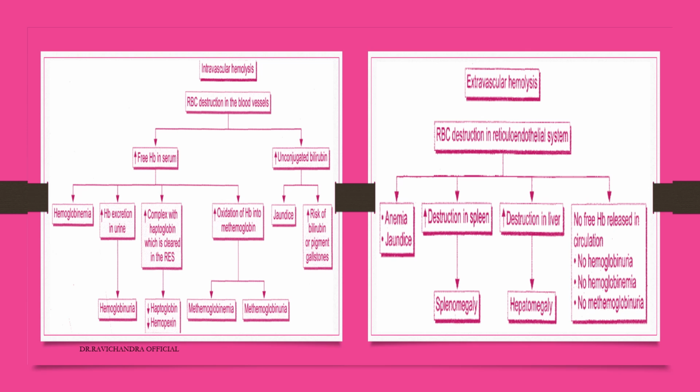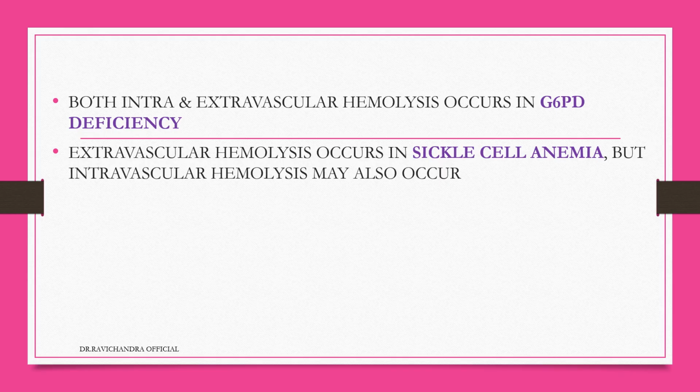For your convenience and remembrance, I have kept both the intravascular and extravascular hemolysis illustrated diagrams side by side so that you can memorize easily, as part of a mind mapping technique. In the exam, they may ask you in MCQs: both intravascular and extravascular hemolysis occur in which condition?